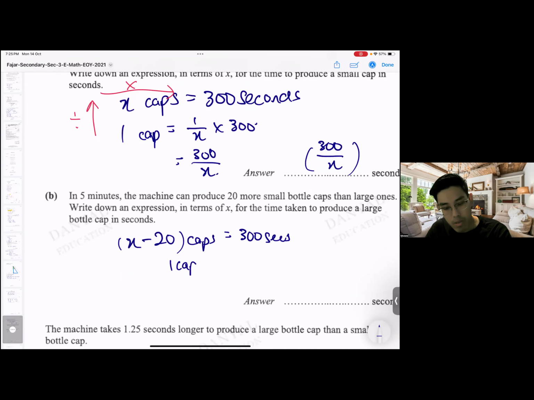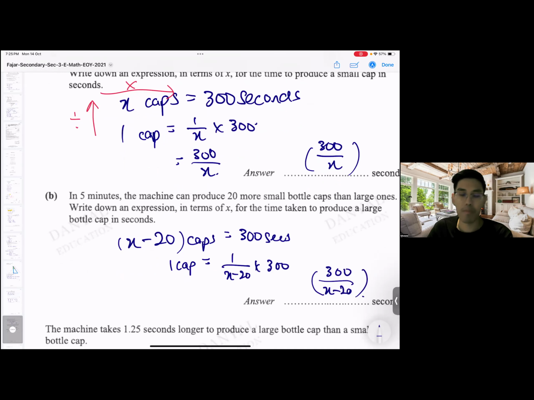By doing the same thing, we have 1 over X minus 20 times 300. Therefore, it is 300 over X minus 20. That's the idea. Okay.